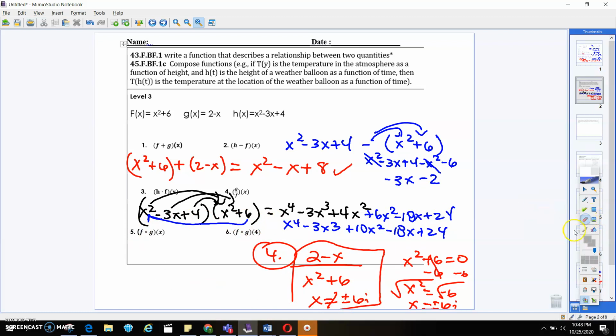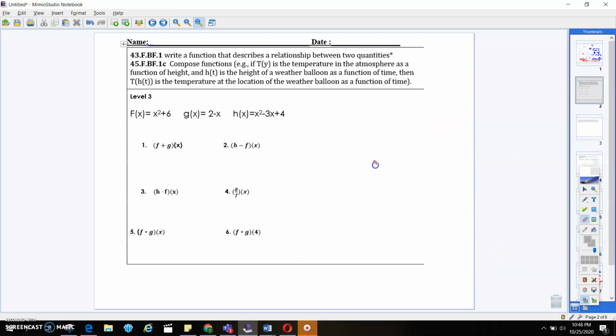All right. I'm going to erase these so I have enough room. And then on number 5, we've got f of g. Now remember, you're going to see this kind of like this as well. These are the same things. So f of g. We're going to write f out first, and then we're going to take g and plug it in.